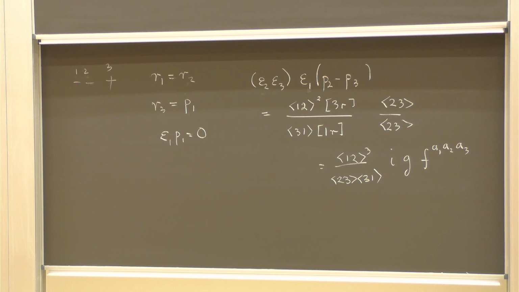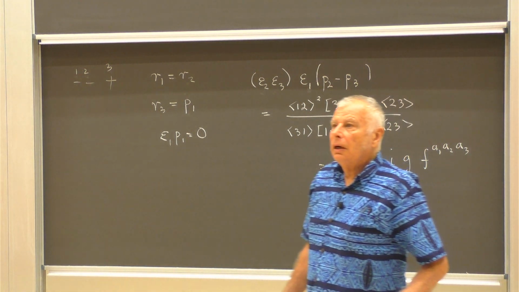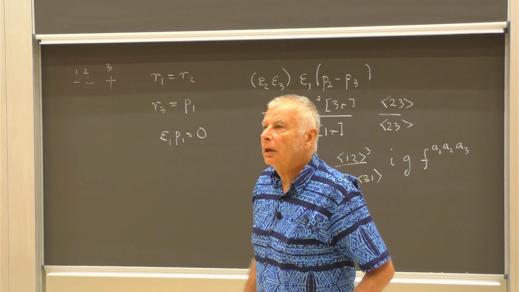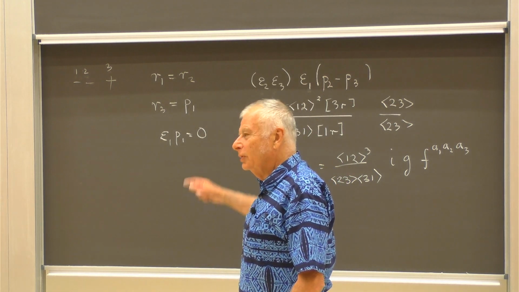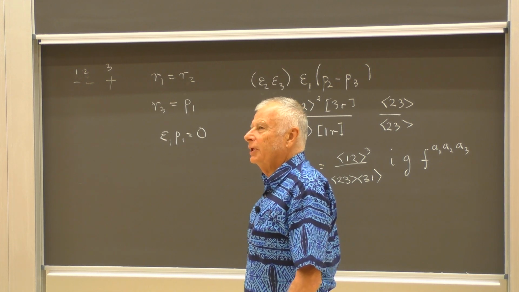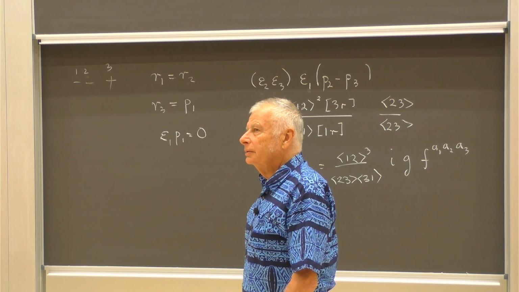And what about the amplitude plus, plus, minus? You can do the same argument by choosing the reference vectors, and then repeat exactly the same computation. So it's not 0.